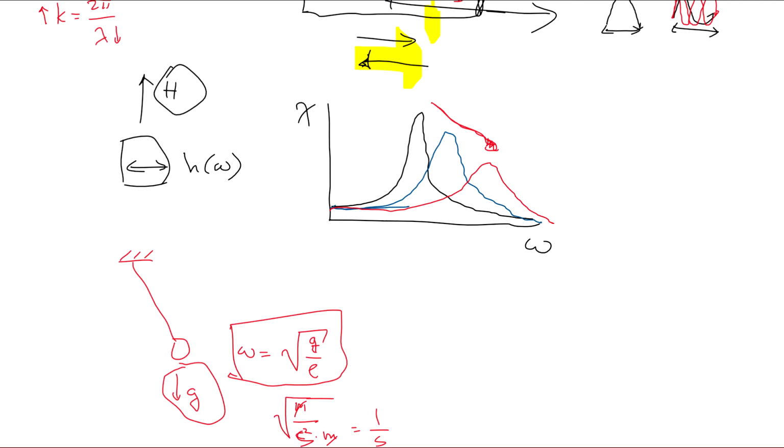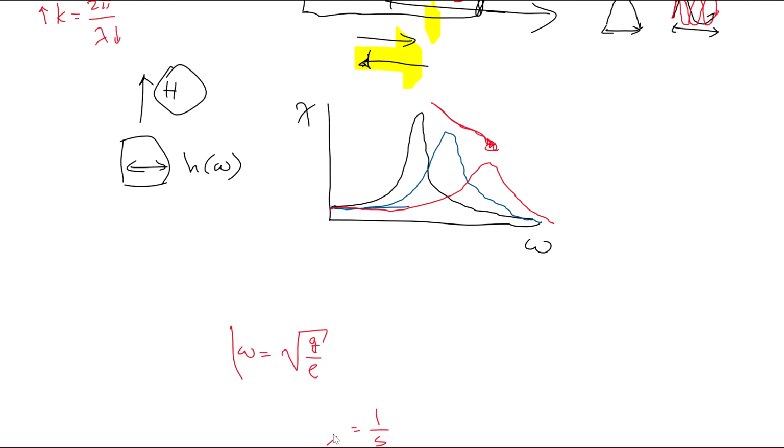Now the other part. I will erase this. You know this really well. The other possibility is, instead of changing the frequency of the magnetic field, we can fix the frequency.